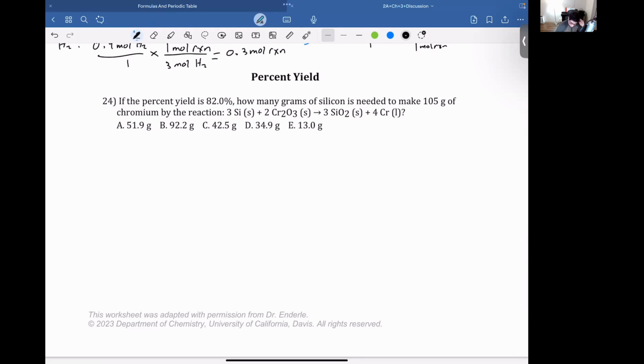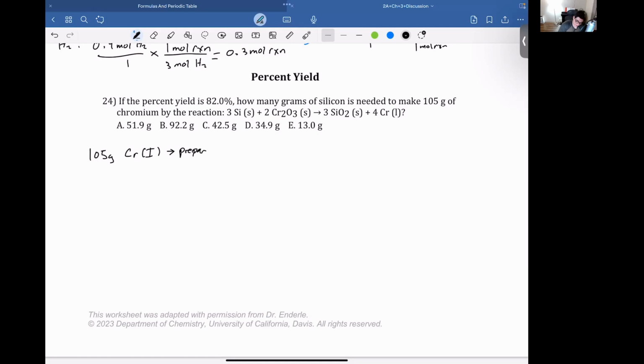So your percent yield is your actual yield divided by your theoretical yield, right? So if you want to make 105 grams of chromium, you're going to have to compensate with a less than 100% yield.